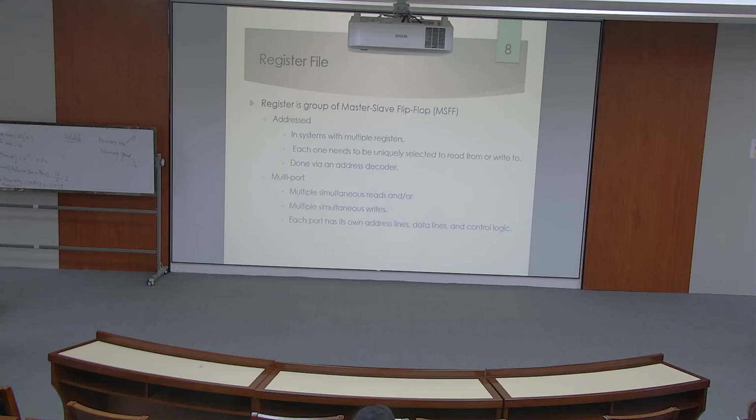So it has to be done via an address decoder. It can also be multi-port, which means we have multiple reads or multiple writes at the same time. Each port has its own address line, data lines, as well as control logic.